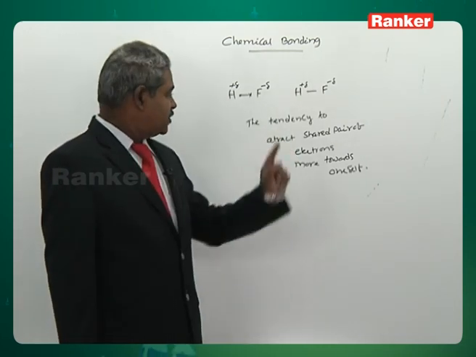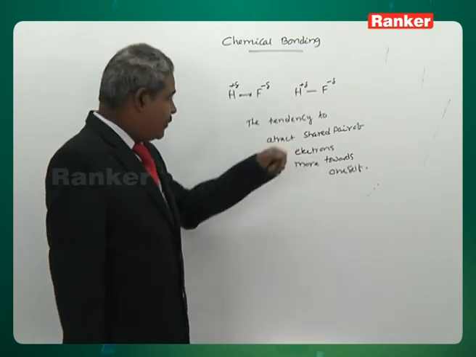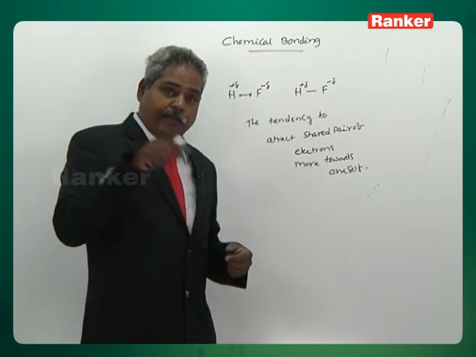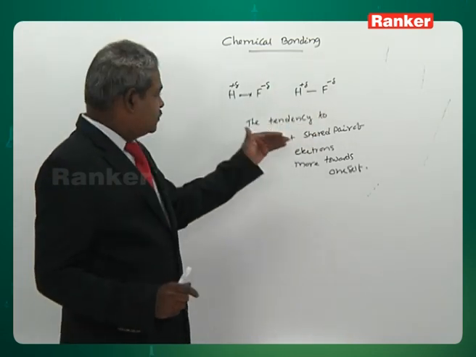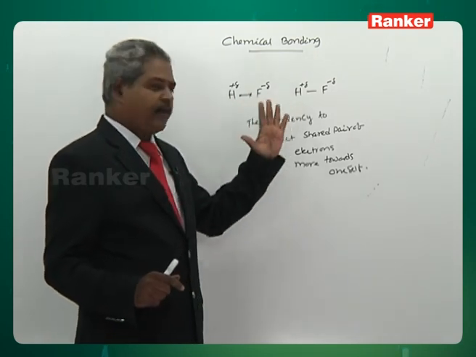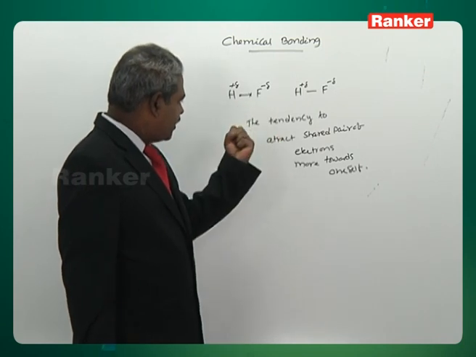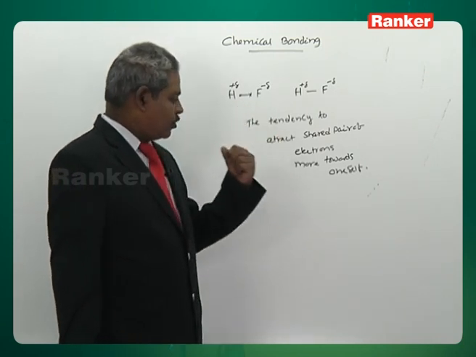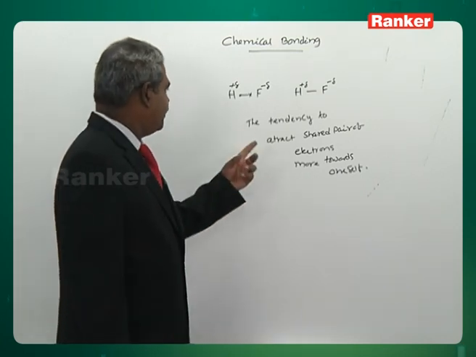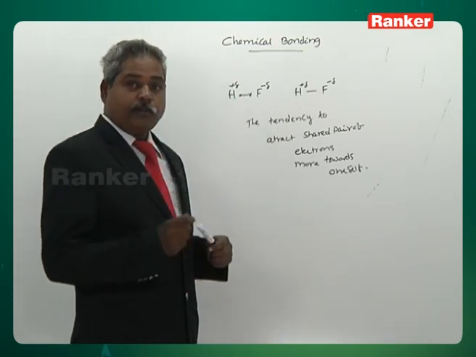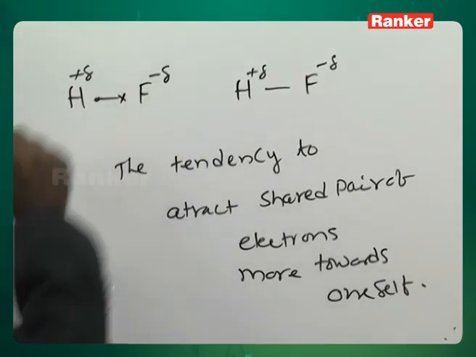But now I can discuss it, because it is about the shared pair being close to one atom. The tendency to attract the shared pair of electrons more towards oneself is called electronegativity, and because of it an atom becomes partially negative, minus delta.